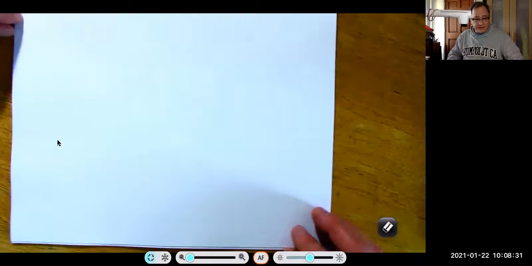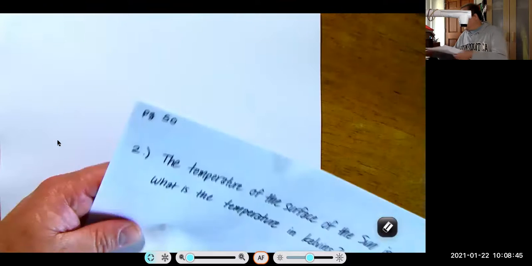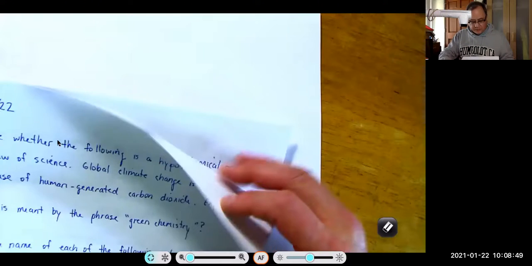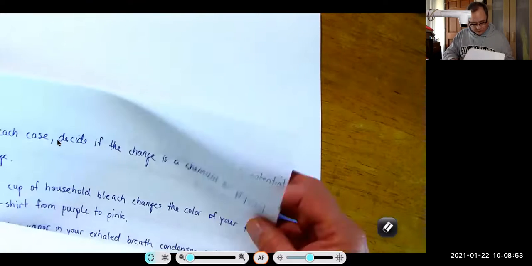I wish there was a faster way to do this, but I don't know of it. And you may have seen some of your instructors use a tablet to write on. I've tried that and I can't do it. So that's why I don't do it.